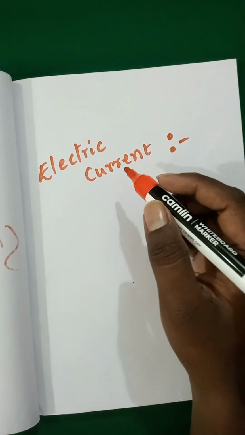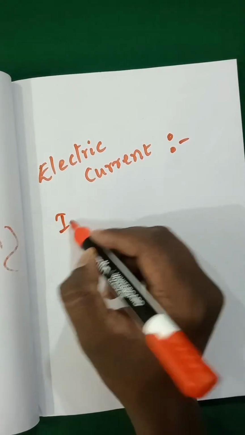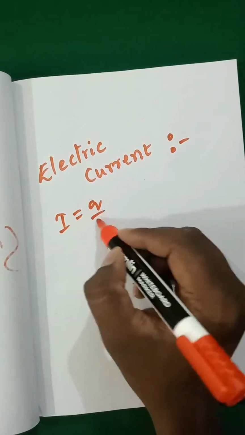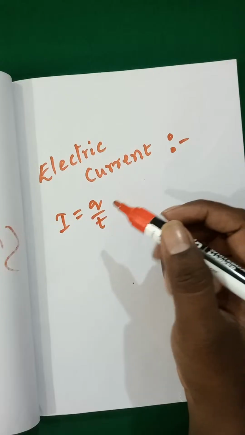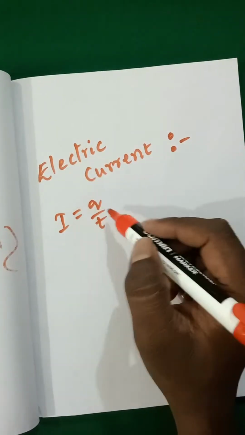So electric current is nothing but I equals Q by T, the rate of flow of charge.